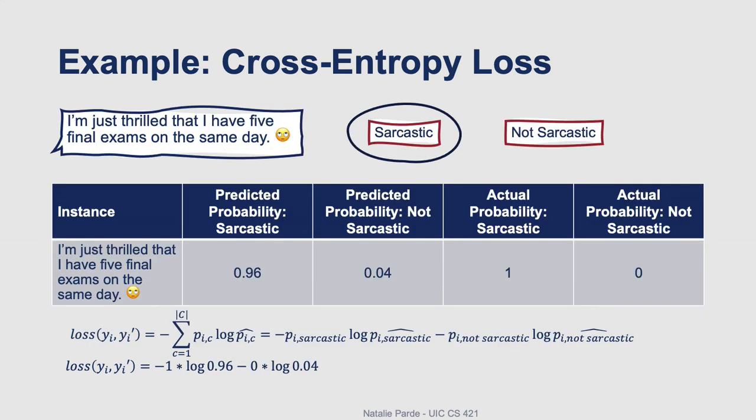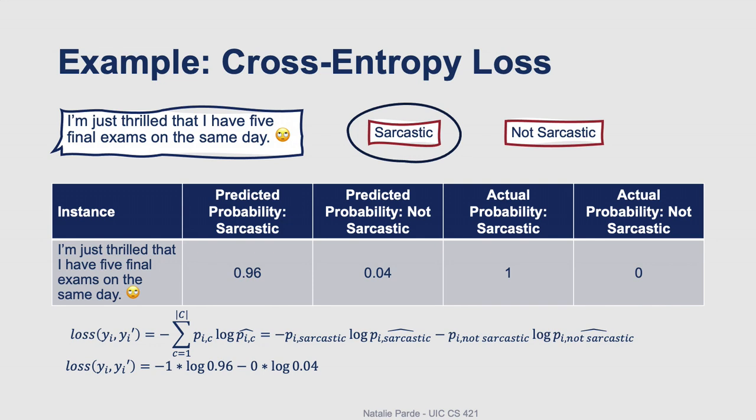So to compute our cross-entropy loss, we'll go ahead and take the actual probability that the instance is sarcastic, that's a value of 1, times the log of the predicted probability that's sarcastic, which is a value of 0.96. We'll also take the actual probability that the instance is not sarcastic, which is 0, and multiply it by the log of the predicted probability that the instance is not sarcastic, which is 0.04.